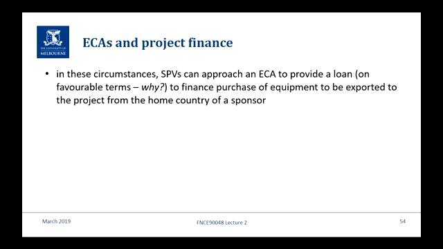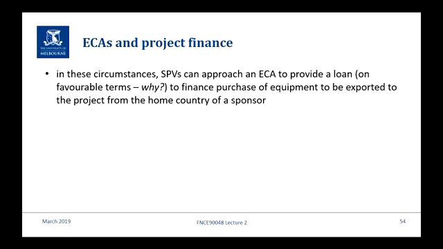We started to talk about the other category of sources of debt for projects, having looked at the two main categories, which are bank lending and bonds. The other categories are the export credit agencies and the multilateral agencies.